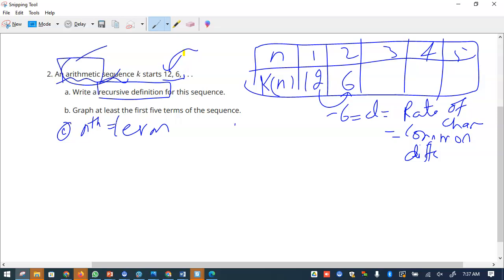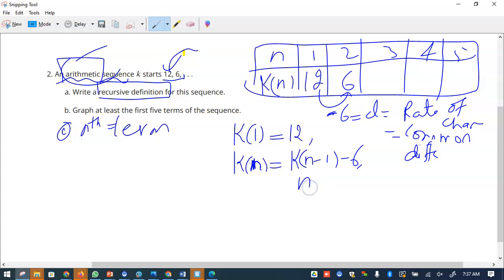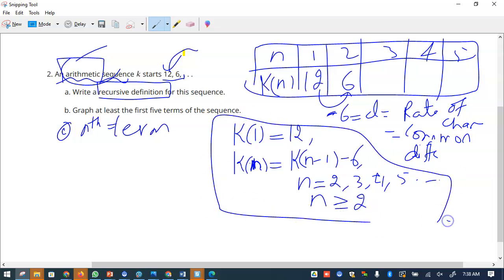The formula says the very first term, the number in the first position, is 12, and after that any number in any position, that means n could be any position, is always the one before, n minus 1, and then you're taking away this d, so this is minus 6, and this is n not just 2, not just 3. It's anything greater than or equal to 2, which can be written with an inequality sign, and this is complete. This is called the recursive definition.